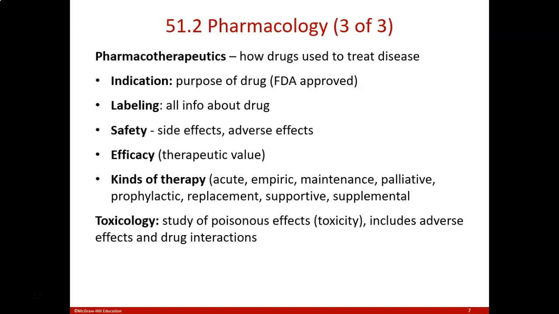Empiric is used according to experience or observation. Okay, we're giving it empirically until we actually find out more information, so that we can find out what's actually needed. Okay, maintenance is given if we're trying to prevent an outbreak of something or prevent an exacerbation.